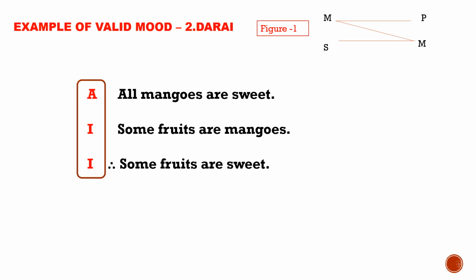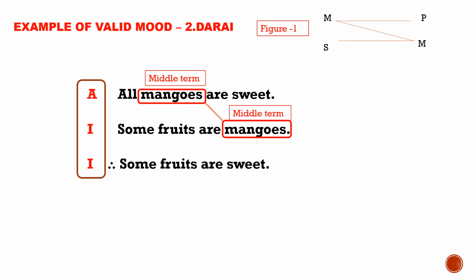Now let us take an example of this valid mood 2 of figure 1, that is Darii. All mangoes are sweet. Some fruits are mangoes, therefore some fruits are sweet. The combination is AII. Here the middle term is mangoes, the subject term is fruits, and the predicate term is sweet.